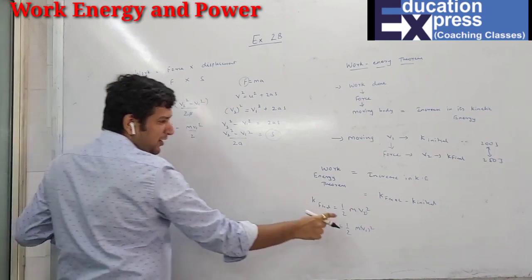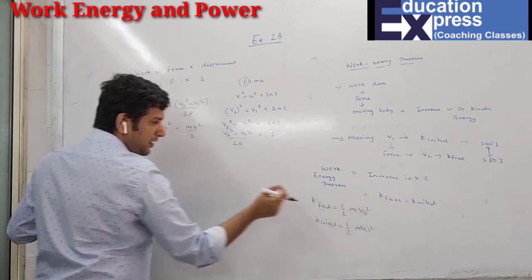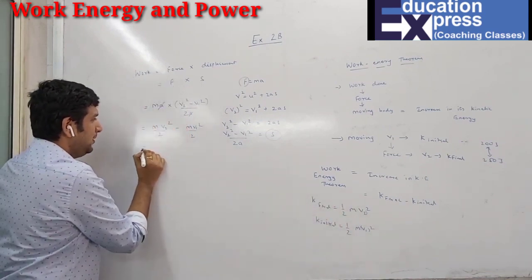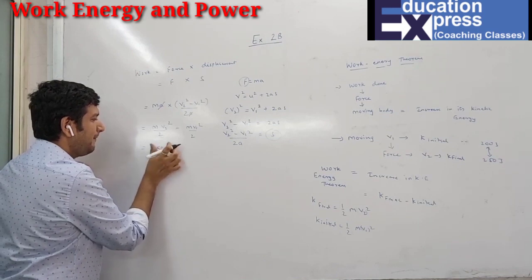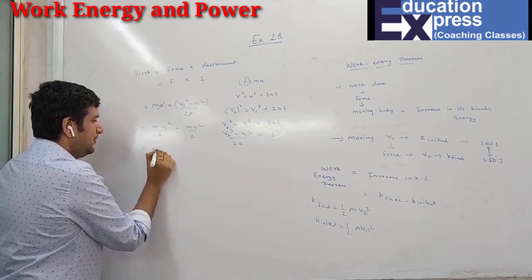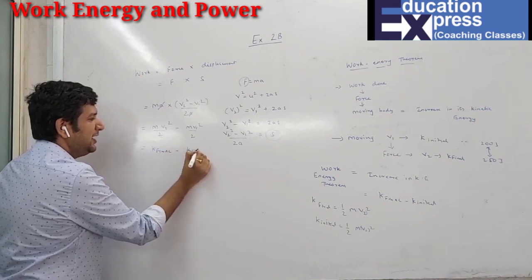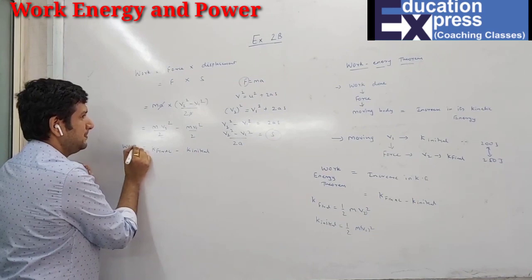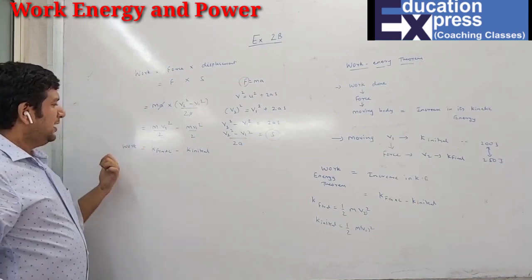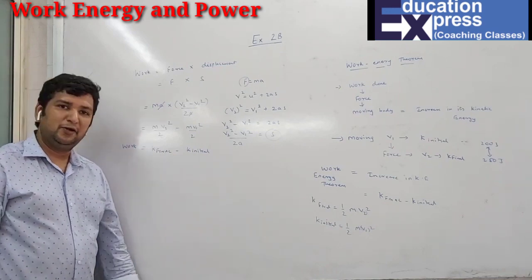Students, what is half mv2 square? That is the final kinetic energy, and half mv1 square is the initial kinetic energy. Hence we have proved that the work done is nothing but the increase in the kinetic energy.